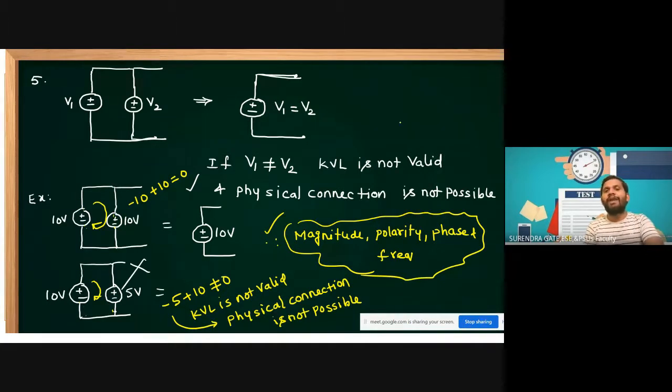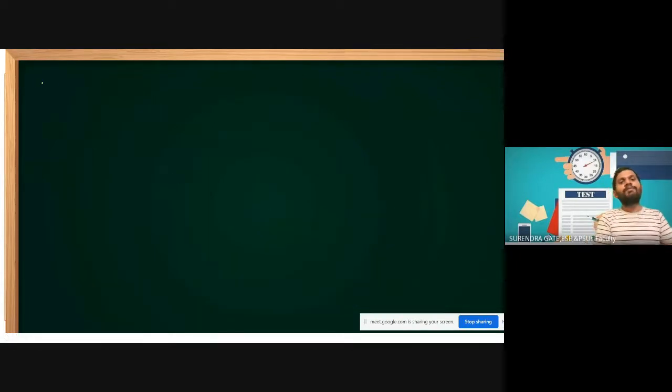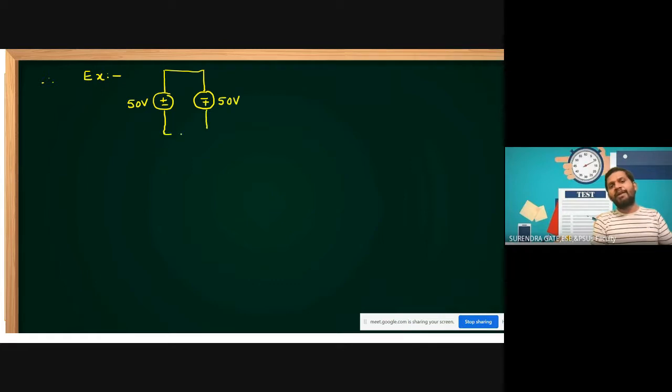Understand? Okay. So one more example I am giving here, students. Can you answer this one? Two voltage sources, but equal voltage sources. This is plus minus 50 volts. This is minus plus 50 volts, students. Both are the same voltage. Can you tell what is the resultant voltage here?